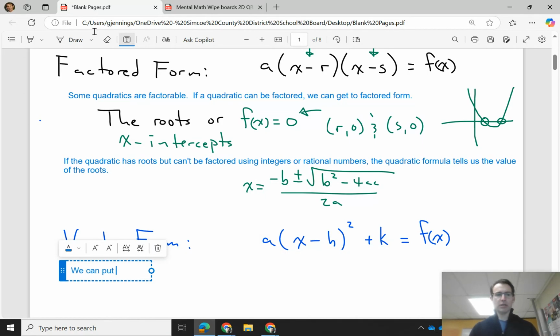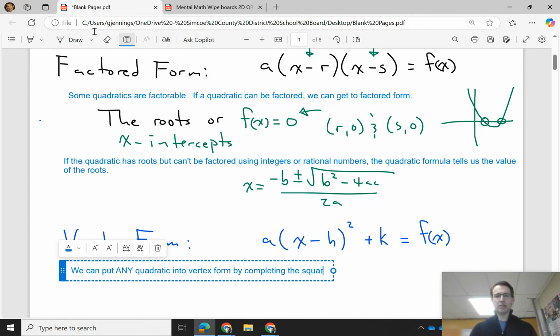We can put any quadratic into vertex form by completing the square or by finding the vertex and just writing the form.